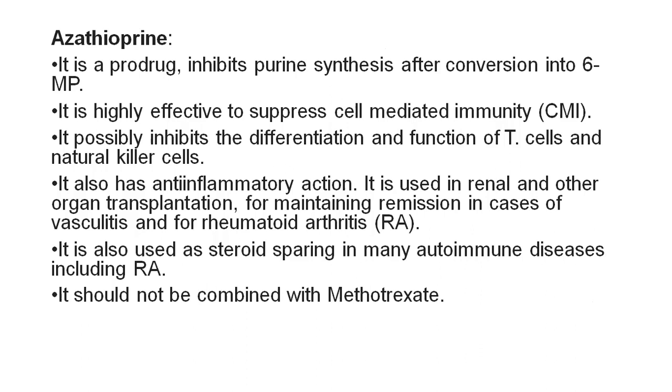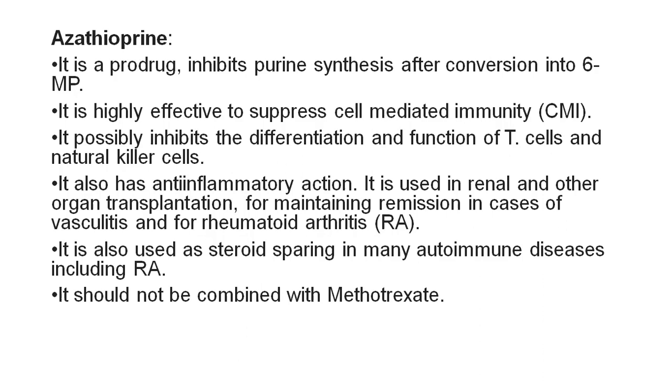Coming to azathioprine. This is a prodrug. It inhibits purine synthesis after conversion to 6-mercaptopurine. This drug is highly effective in suppressing cell-mediated immunity. It possibly inhibits the differentiation and function of T cells and natural killer cells also.